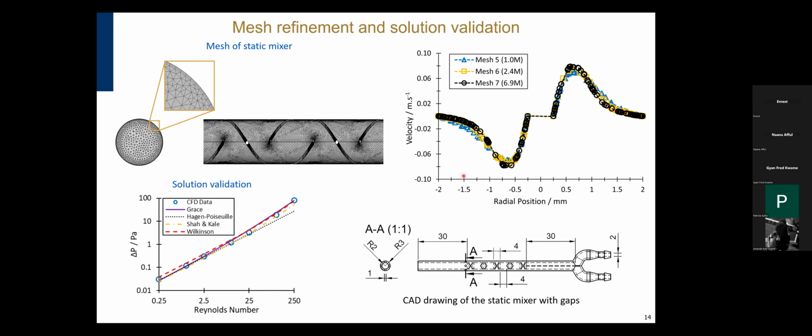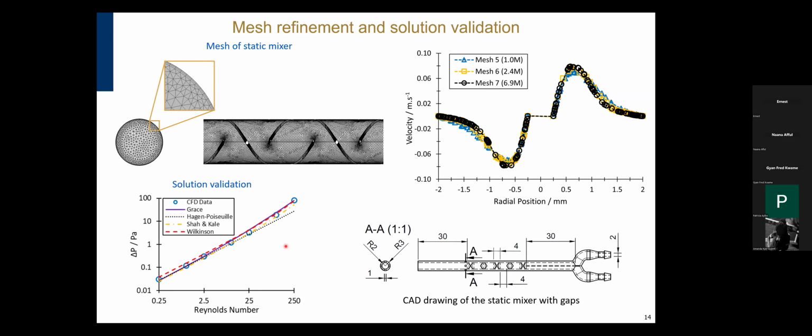We did validate these simulations with data and models out there, and we see that the solution we are getting from our simulations is well predicted by almost all the correlations. Now, we also performed experiments to check some of these results that we are seeing numerically.